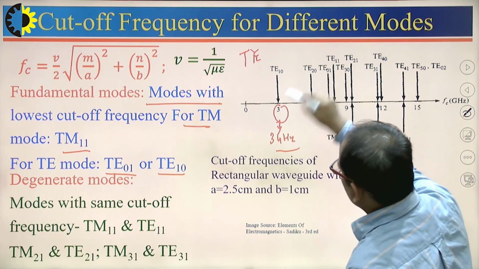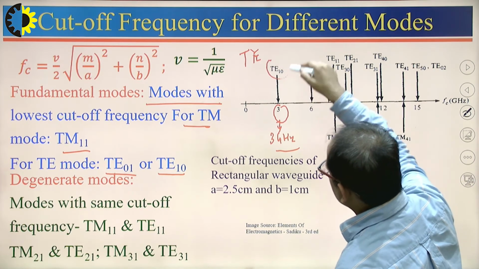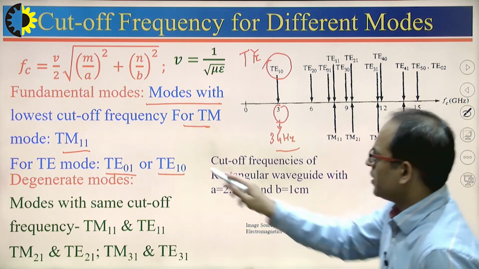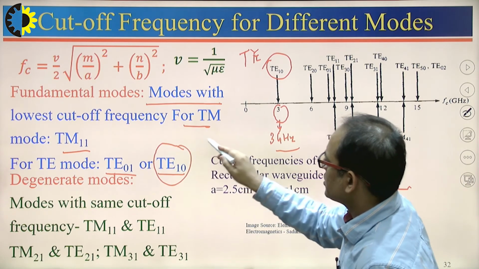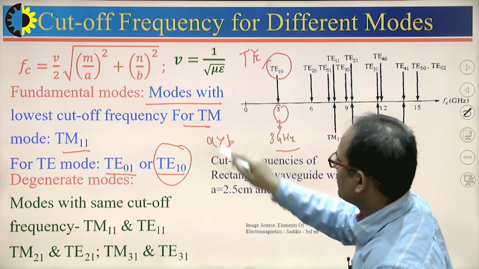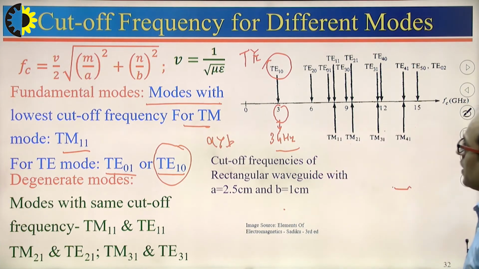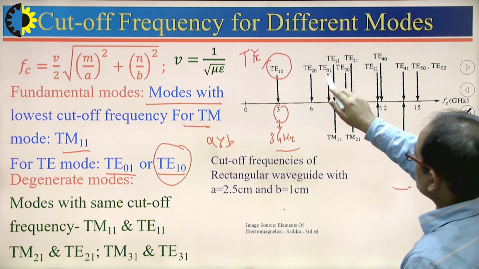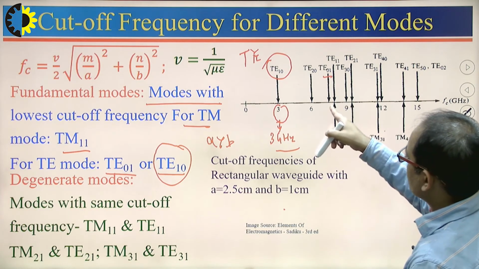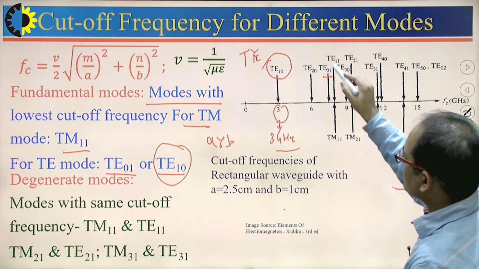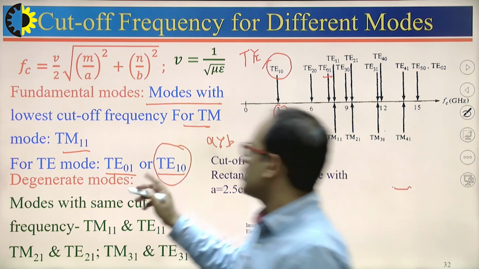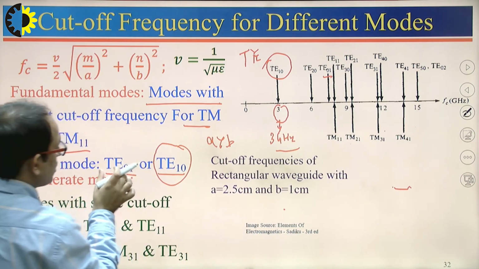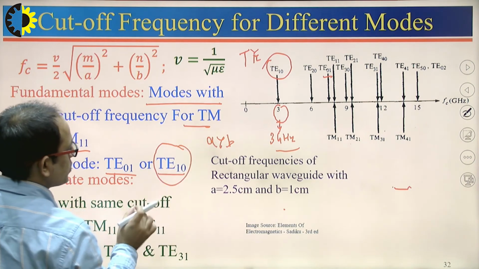So this is the dominant mode, and the dominant mode is TE10. Here the condition is that a is greater than b. Clear? And you will see here TE01 will also have a frequency greater than 3. Therefore TE01 is not a dominant mode when a is greater than b.